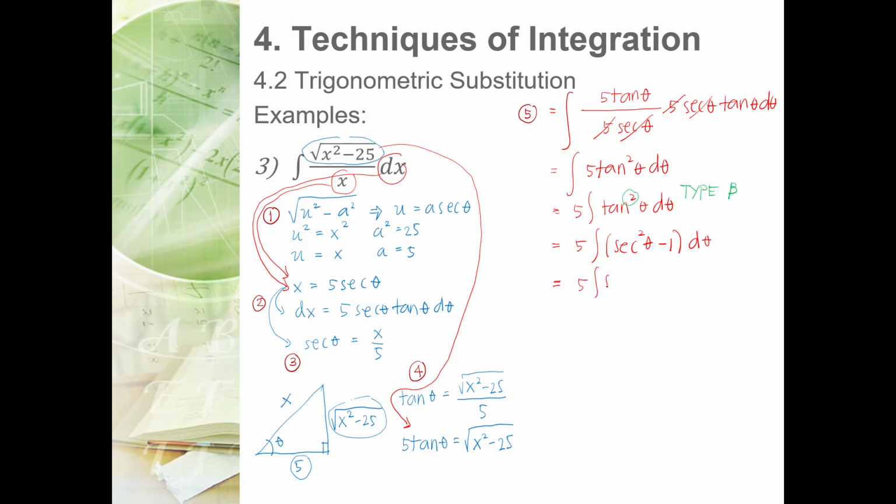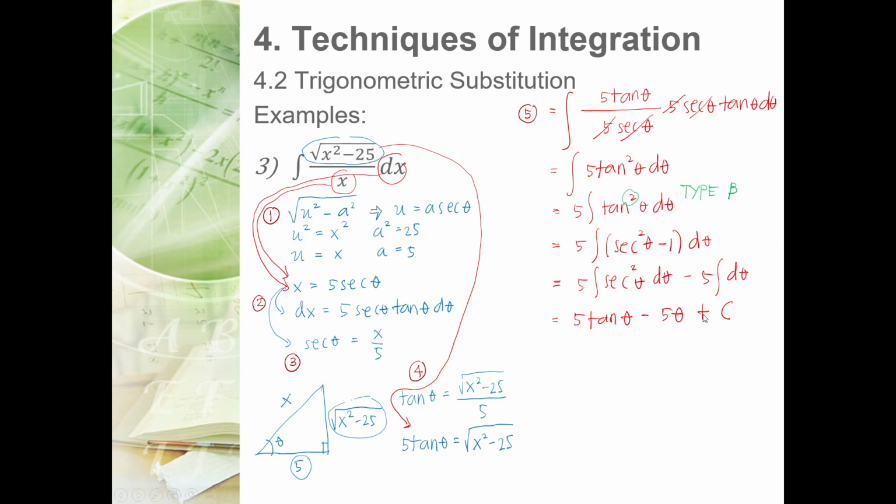So having two different integrals now, and then the other one is just 5 integral of d theta. There's a formula for the integral of secant squared, which is just tangent. And then this one is 5 theta. 5 theta plus c.